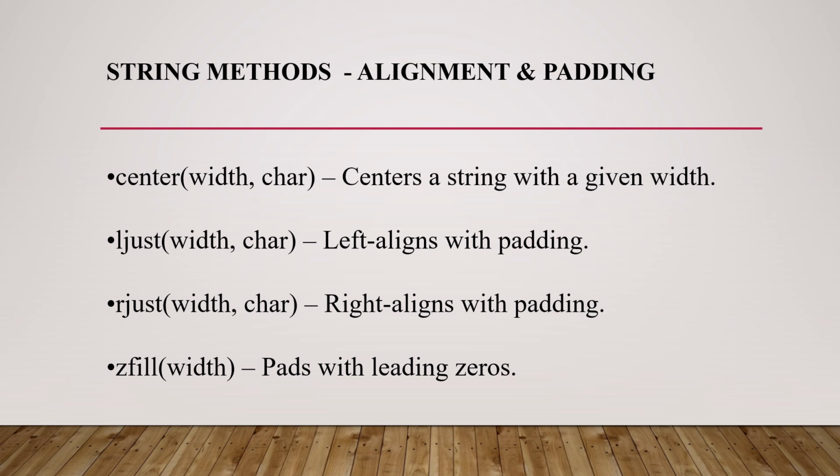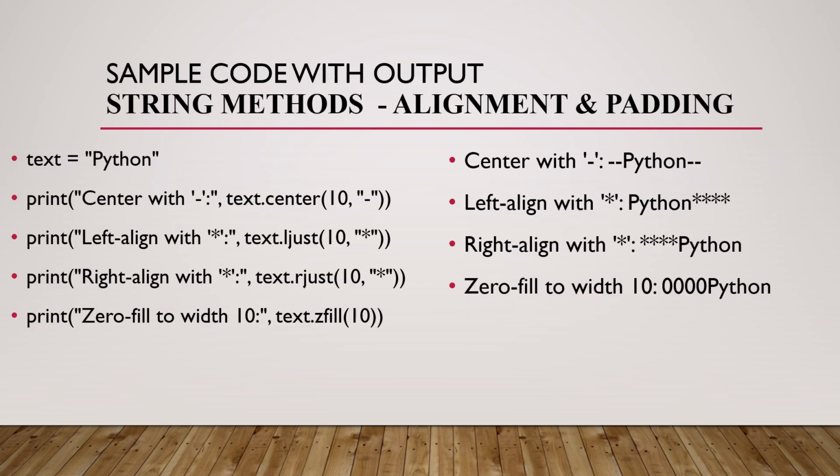Center centers a string with a given width, ljust left-aligns with padding, rjust is used for right alignment with padding, and zfill pads with leading zeros. And these are the samples for string methods used for alignment and padding.